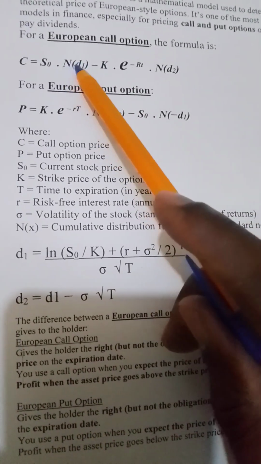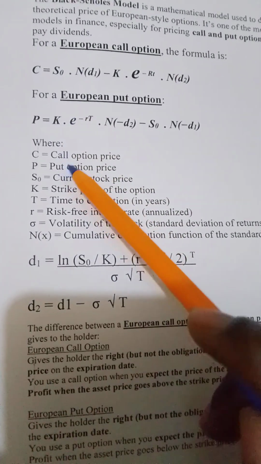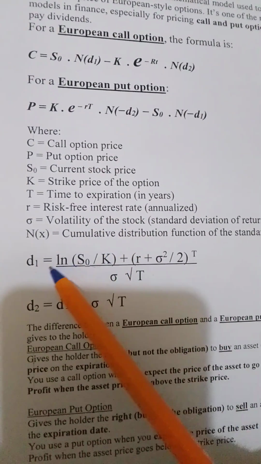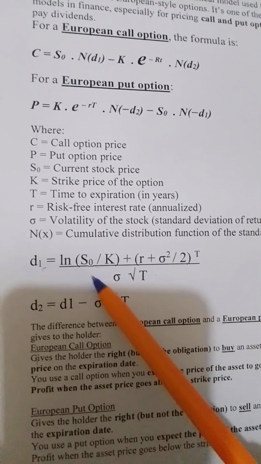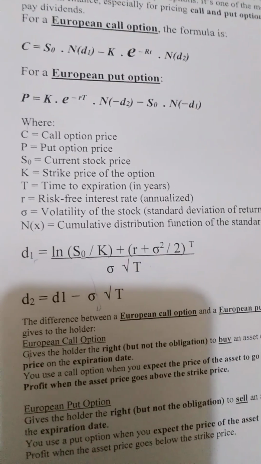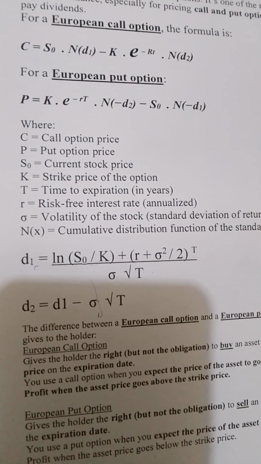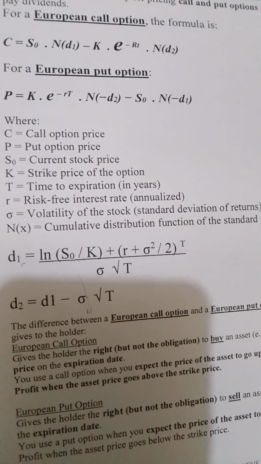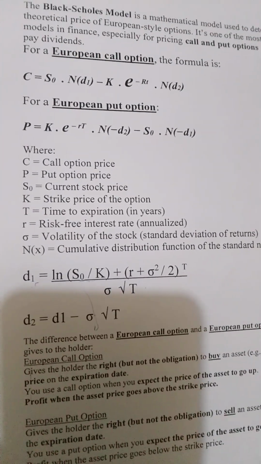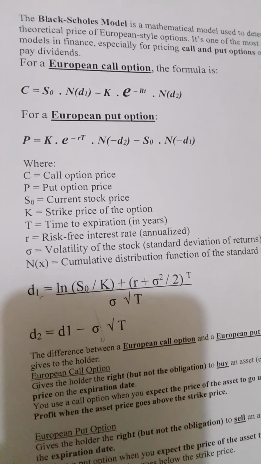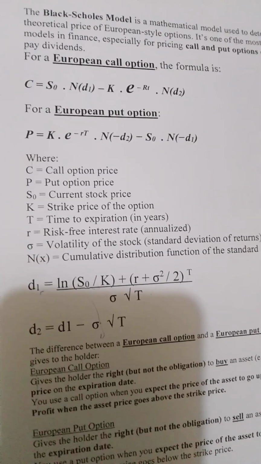So this is what you need for now. And then this part here, how to calculate D1 and how to calculate D2. Once you have that and also understand it clearly, then you can move to the next page.